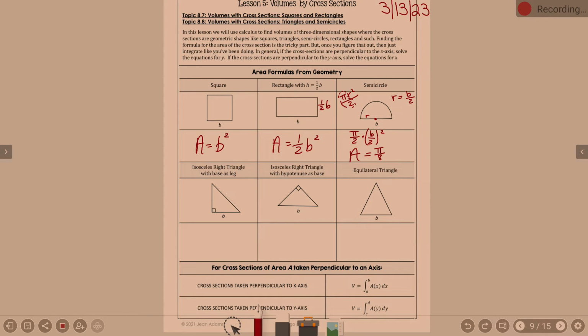My key has it listed as pi over 8 times b squared. That could also be pi b squared over 8. Okay, this is how our brains have to work to think about some of these areas. Isosceles right triangle with base as a leg.